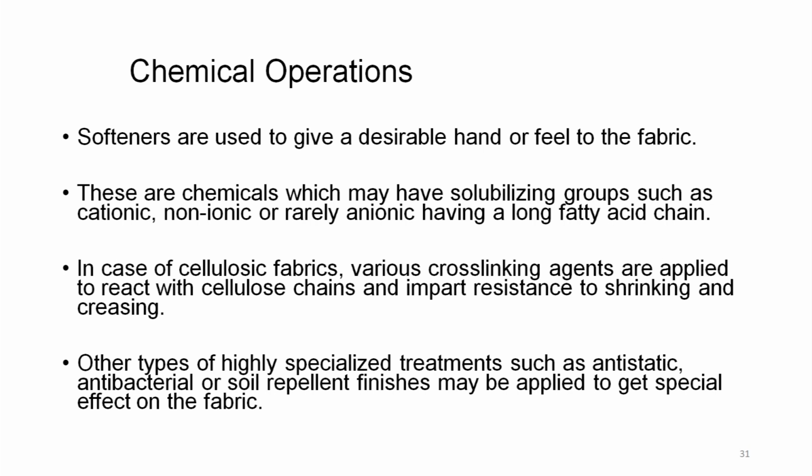These are chemicals which may have solubilizing groups such as cationic, non-ionic or rarely anionic, having a long fatty acid chain. In case of cellulosic fabric, various cross-linking agents are applied to react with the cellulosic chain and impart resistance to shrinking and creasing.